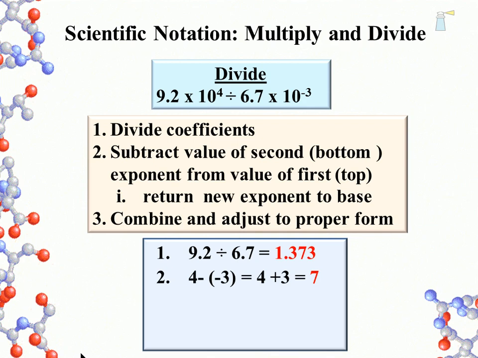The first exponent is 4, and the second is negative 3. 4 minus negative 3 is 4 plus 3, which is 7. If you need to, review your addition and subtraction of negative numbers. Return the 7 to its base. Combine coefficient and exponent, 1.373 times 10 to the 7th. Since the coefficient is in proper form, we're done.